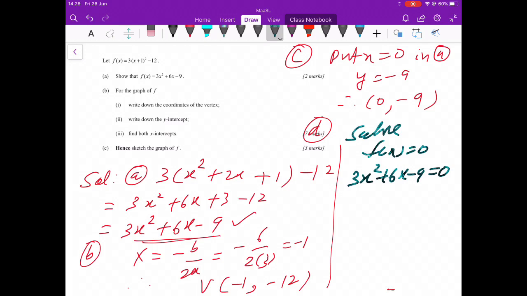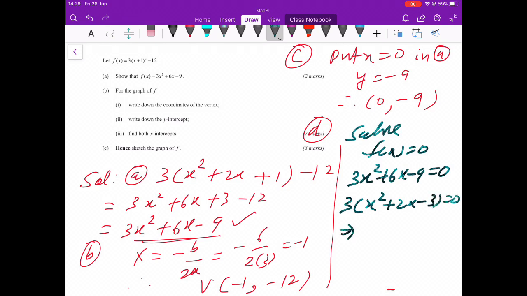As it is Paper 1, you cannot use the GDC for this equation if you are an MAA student, and if you are MAI you can directly use the GDC and solve, or else you can factorize or use the quadratic formula. So you can take 3 common: x² + 2x − 3 = 0.